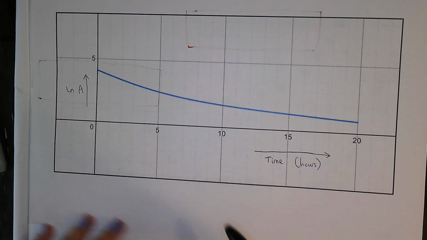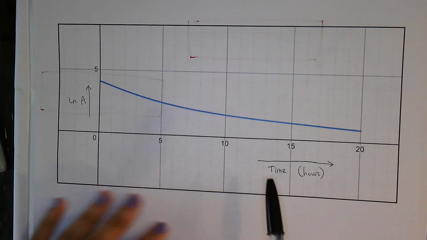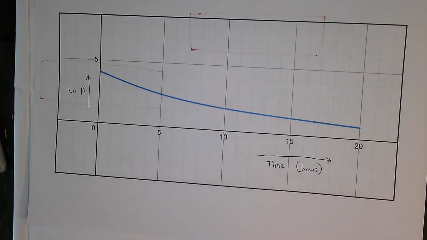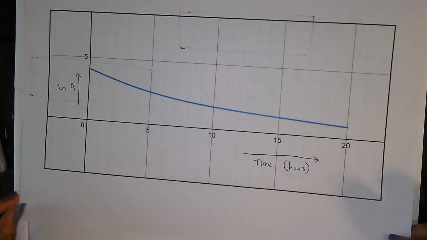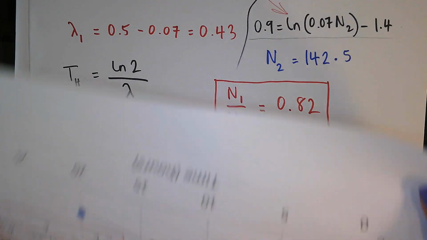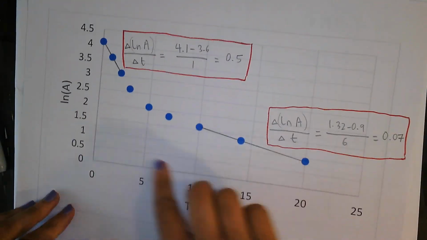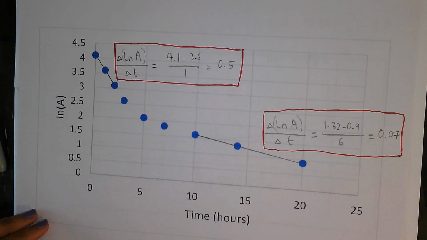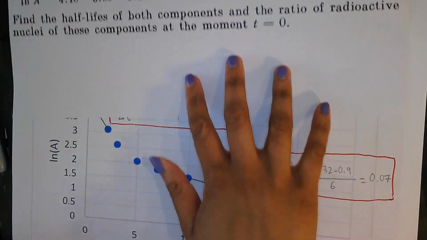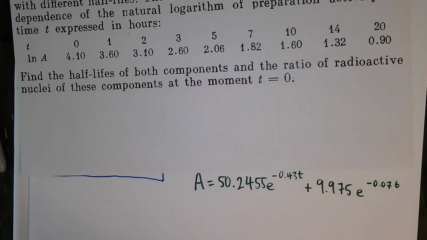And we can see how accurate our equation is by comparing it to the graph of the data which was given in the question. So we can compare it, and we've got the values here.